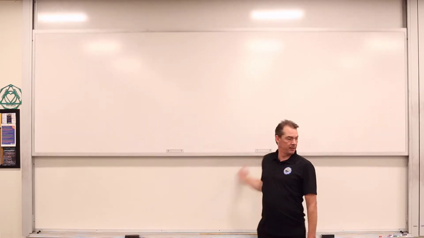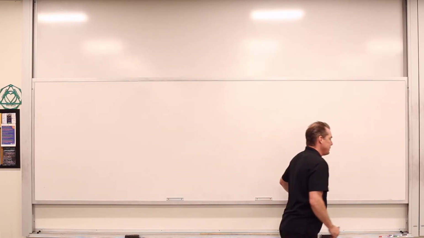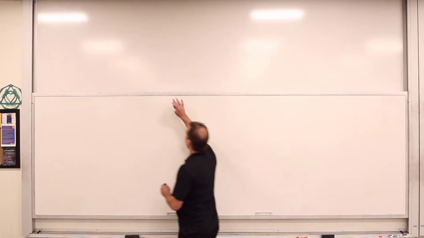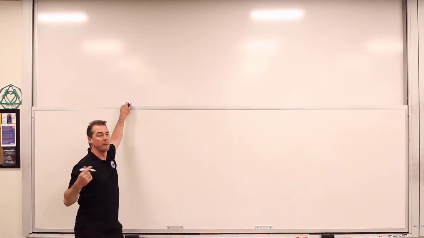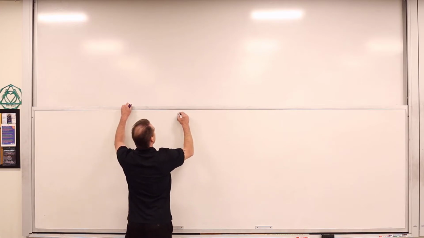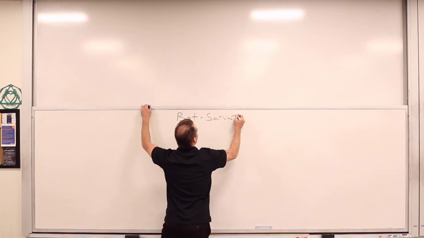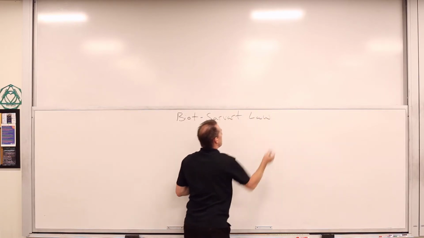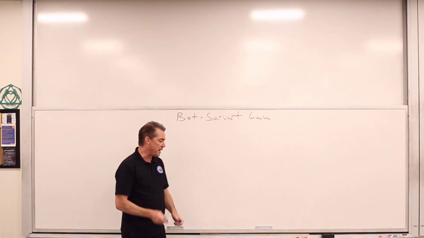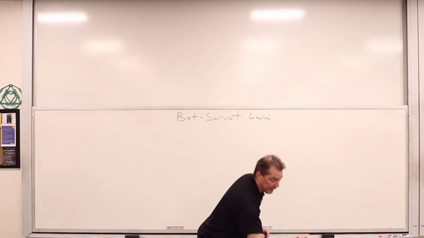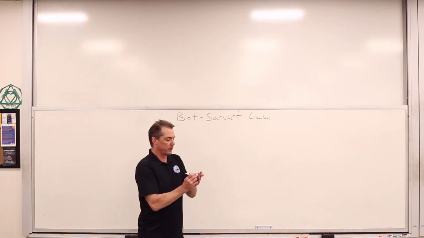And what we're going to start off with is what is known as the Biot-Savart Law. The Biot-Savart Law is ultimately a statement about magnetic fields and what they're due to.